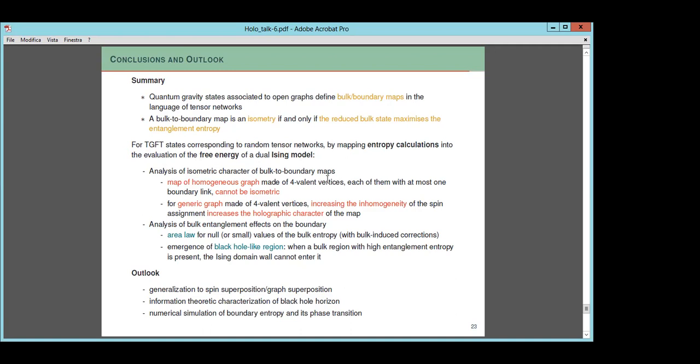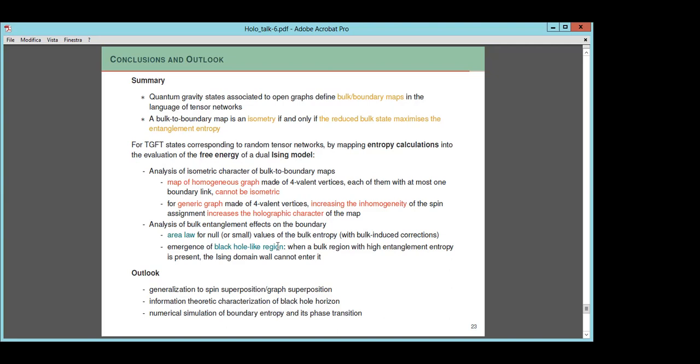And we have seen that in the case in which this bulk entanglement is small compared to that of the links, we can recover an area law with small corrections that derive from the bulk entanglement entropy, and that if we increase the dimension of the bulk, increasing the number of vertices or increasing the dimension of the intertwiner degrees of freedom thanks to the increasing of the spins, then there is the emergence of a region that is like a black hole, just in the sense that the domain wall is prevented from entering it.